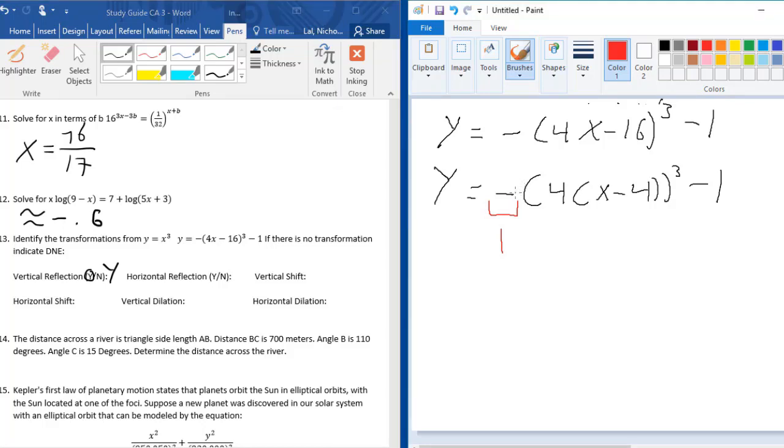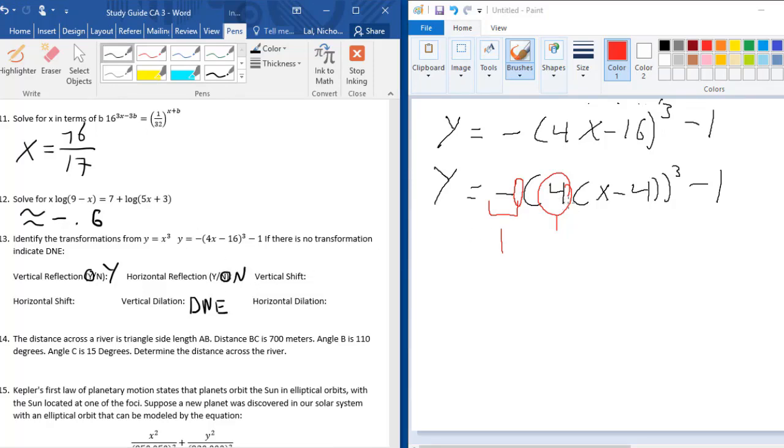If there was a coefficient outside the function, there would be a vertical dilation, a vertical stretch or compression, but there isn't. So there is no vertical stretch or compression. Now I see this 4. There's no negative sign in front of the 4, so I know there is no horizontal reflection across the y-axis. So there is no horizontal reflection.